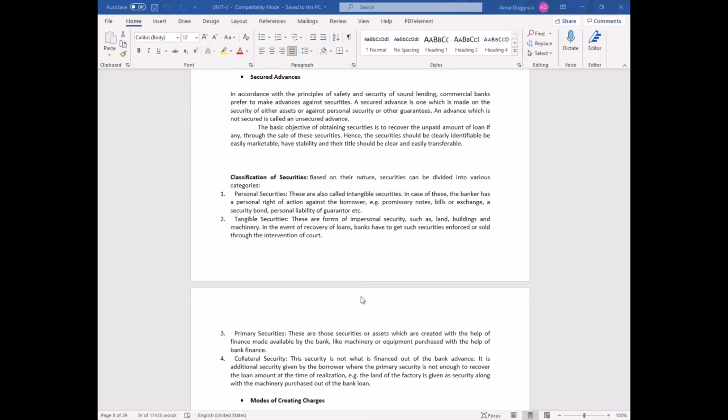Right? To have a good financial health, secured advance is one of the good equipments for the bank to use when they are in the process of commercial or consumer lending. So what they do is they basically secure a personal security or a personal asset or a guarantee against the advance that they have given to the organization or the consumer or the individual. The basic objective of obtaining securities is to recover the unpaid amount of loan, if any, through the sale of these securities.